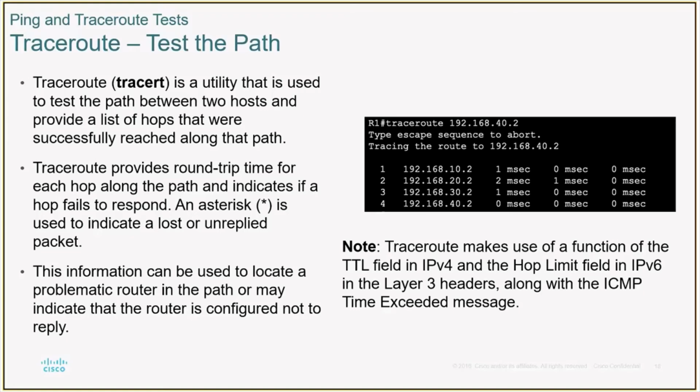Then it'll up the TTL field to 2. It'll get through your first router, and when it hits the second router, it will run out, because the TTL field and hop limit field is decreased by 1 with every router it goes through. That's basically how you find out each hop along the way.